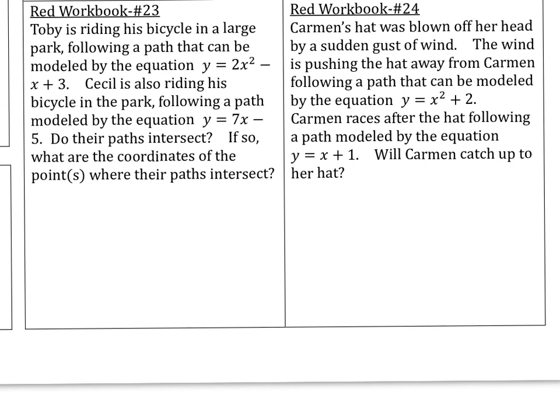Okay, now let's look at this word problem. Toby is riding his bicycle in a large park following the path modeled by the equation. Cecile is also riding his bicycle in a park following a path modeled by this equation. Do their paths intersect? If so, what are the coordinates? Well, first we need to solve this system and check to see if they have a point of intersection.